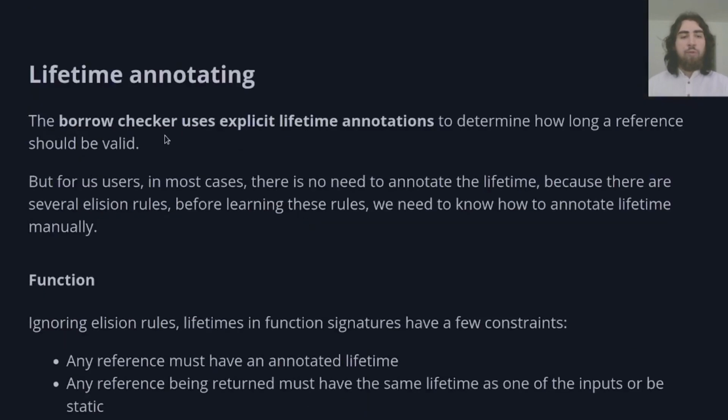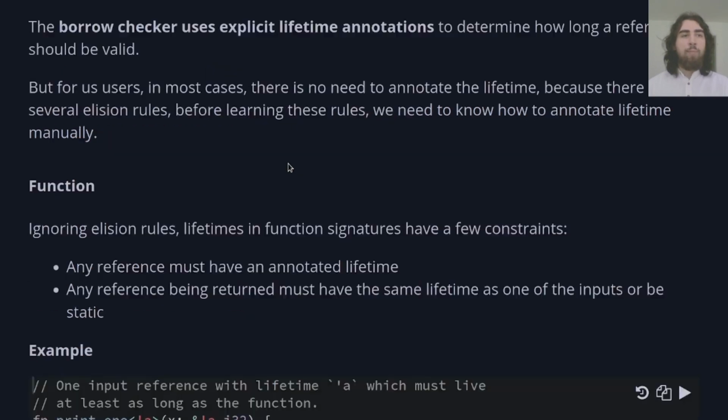So lifetime annotating, the borrow checker uses explicit lifetime annotations to determine how long a reference should be valid. But for us users, in most cases, there is no need to annotate the lifetime, because there are several elision rules. Before learning these rules, we need to know how to annotate lifetime manually.